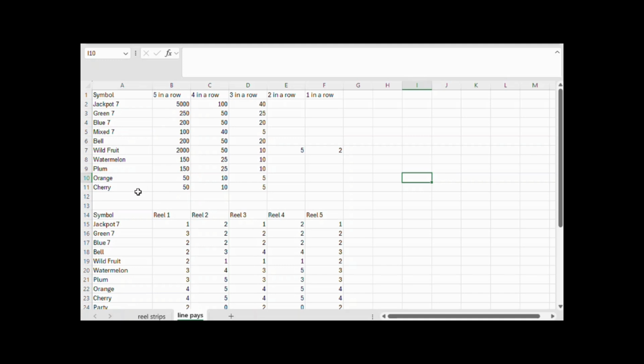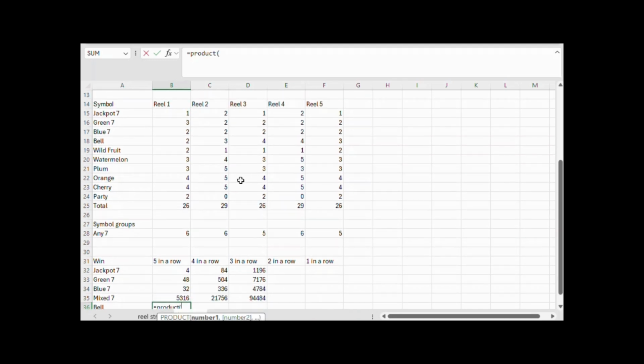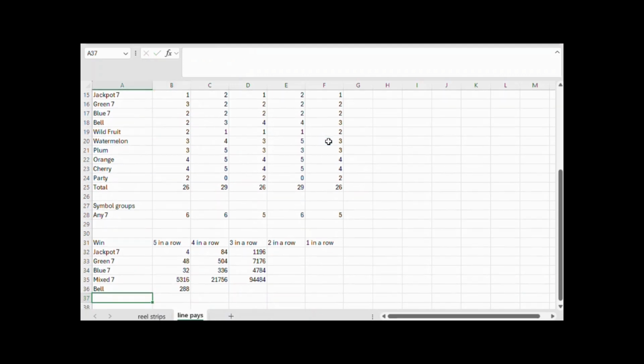Next, let's calculate the wins for the bell, and that's going to be pretty easy. So the number of ways the player can get 5 bells is the product of 2 times 3 times 4 times 4 times 3, the number of bell symbols on each reel.